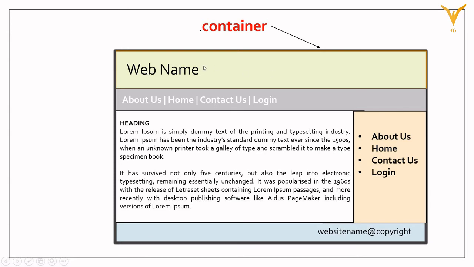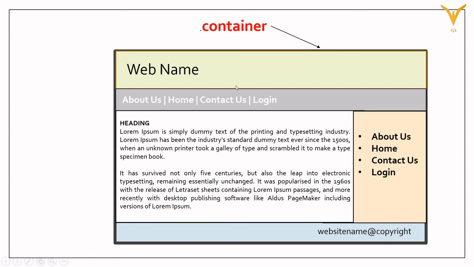As you can see, this particular layout has 4 rows. To create these 4 rows, we are going to use the row class. As you know, in HTML, to divide the web page into different sections, we use the div tag, right?